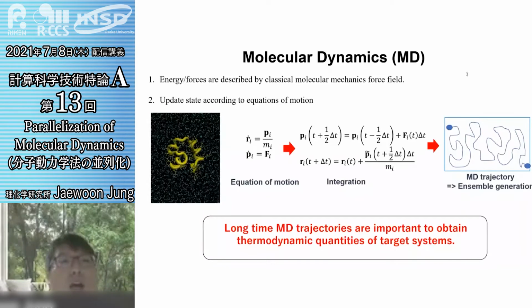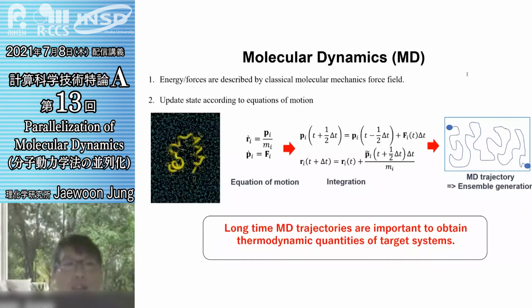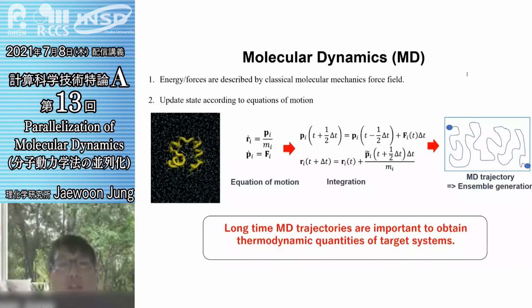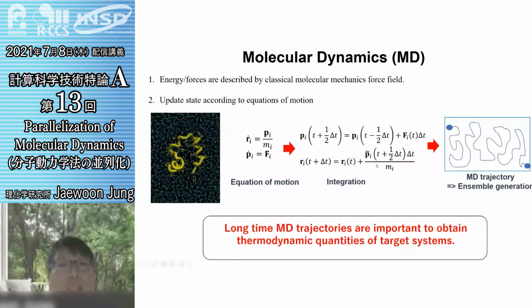If we calculate the force, then we can update the state according to the equation of motion. For example, if we calculate the force, we can update momentum and coordinates in this way using a very small finite time step.